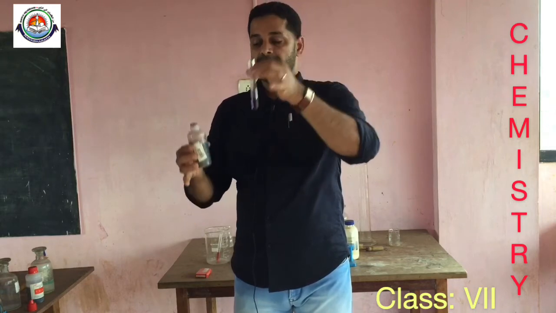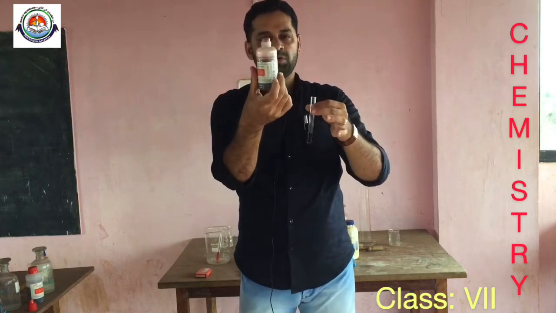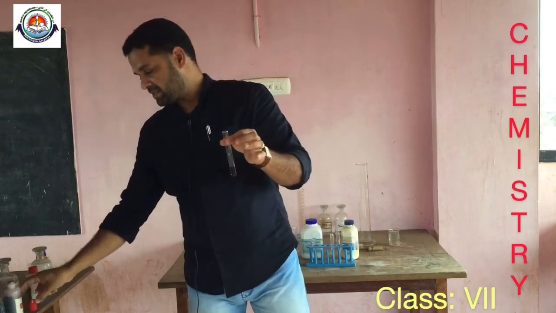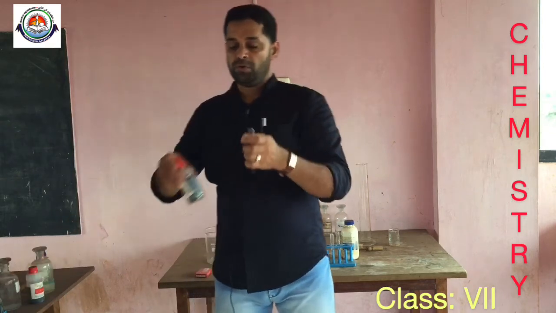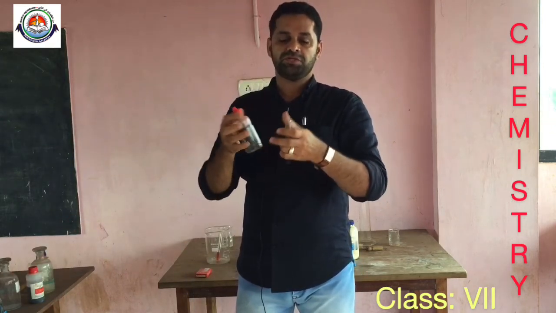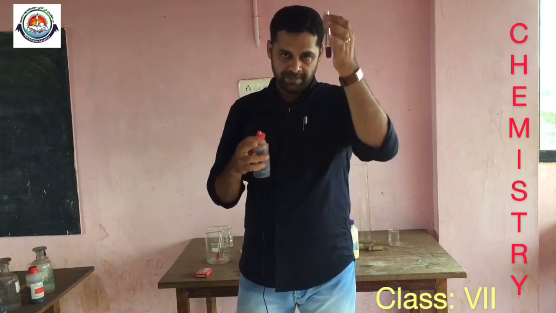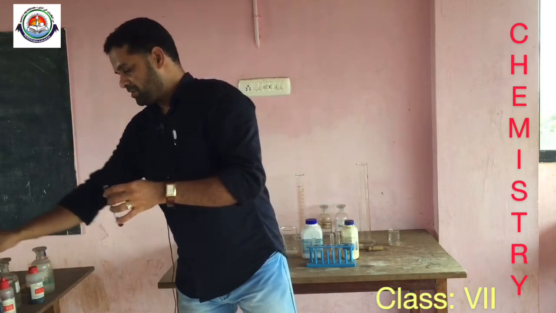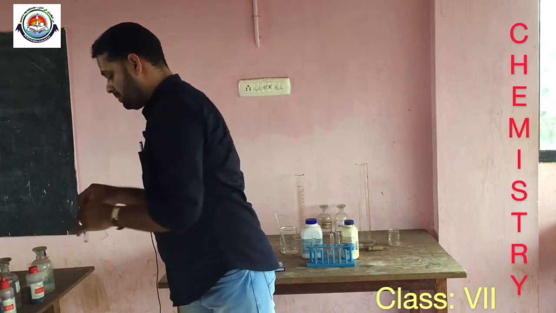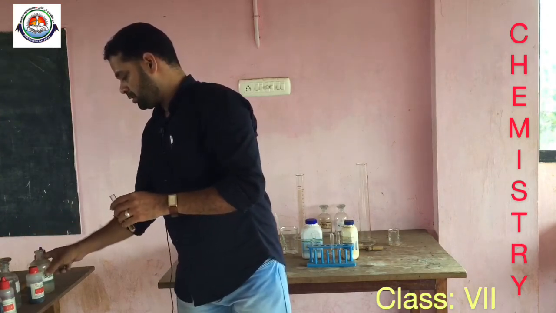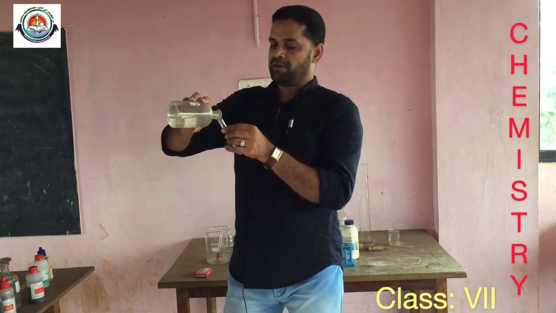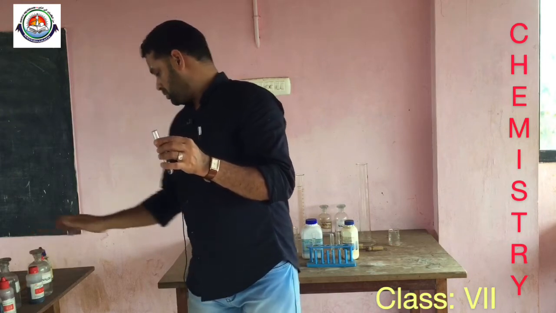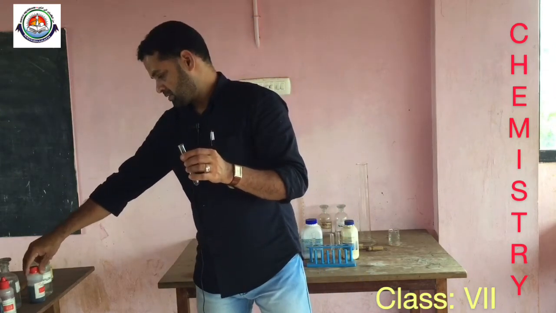That is why red litmus solution changes to blue, because the substance is a base. If it is a base, then red litmus solution changes to blue. And when we take the same ammonium hydroxide in another test tube and add blue litmus solution, let us see what is the color change.